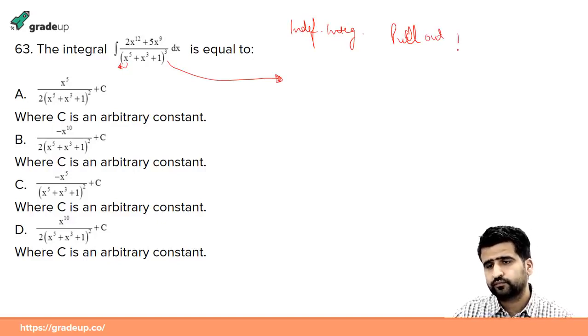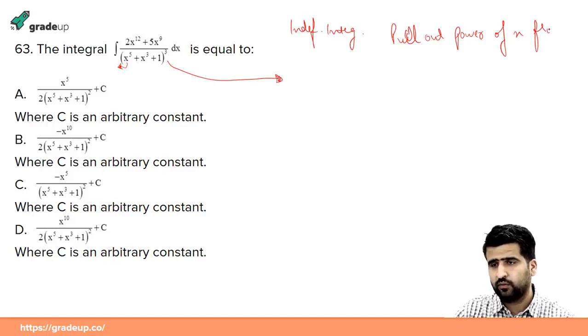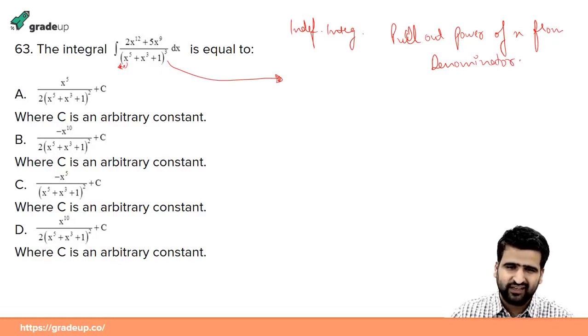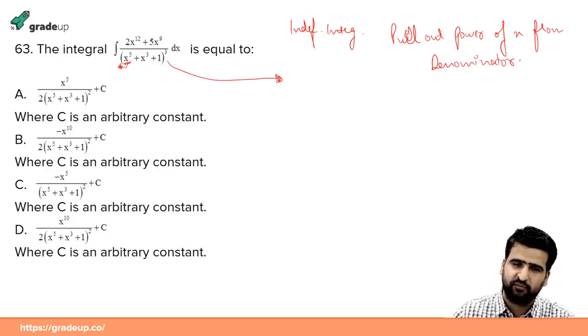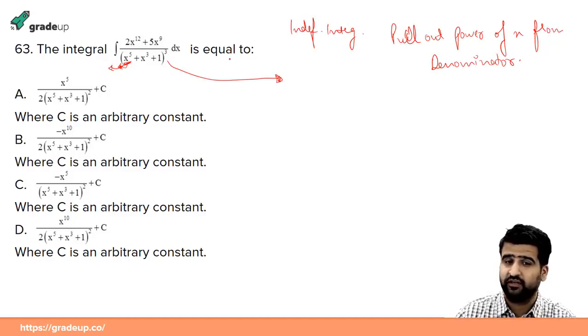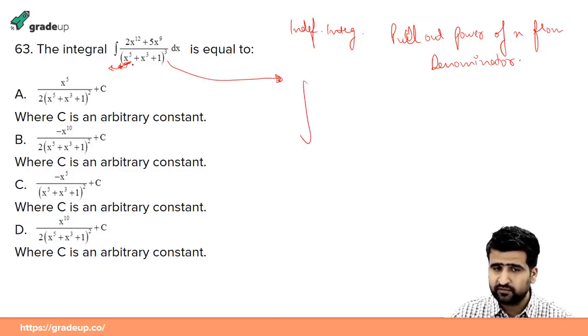Pull out a power of x from the denominator, and most likely this is the maximum power. So you need to pull out x to the power 5 from the denominator, so it becomes x to the power 15.